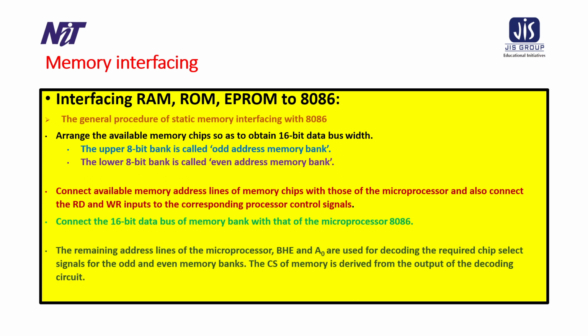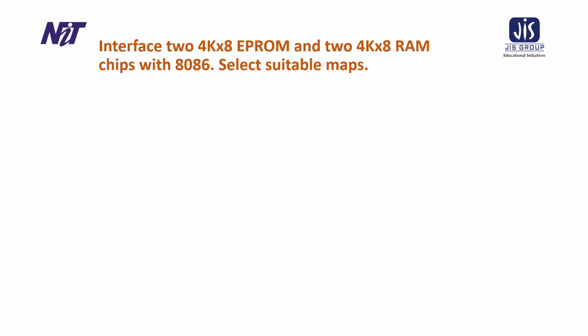The remaining address lines of the microprocessor, BHE and A0, are used for decoding and for the required chip select signals for the odd and even memory banks. The CS of the memory is derived from the output of the decoding circuits. Now I explain the memory interfacing with a problem.